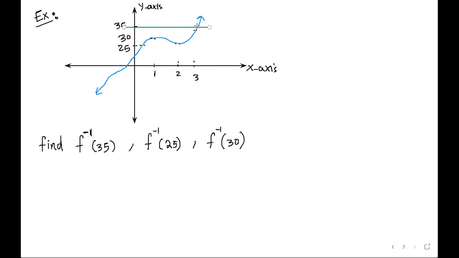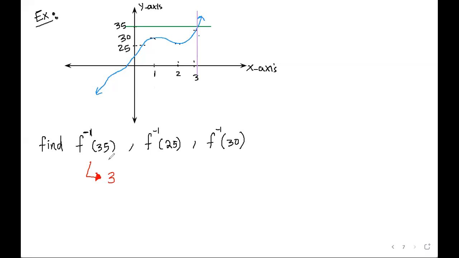It intersects the curve at this point, then I find the x value for the intersection. So the x value here is 3. This means f inverse of 35 is 3.